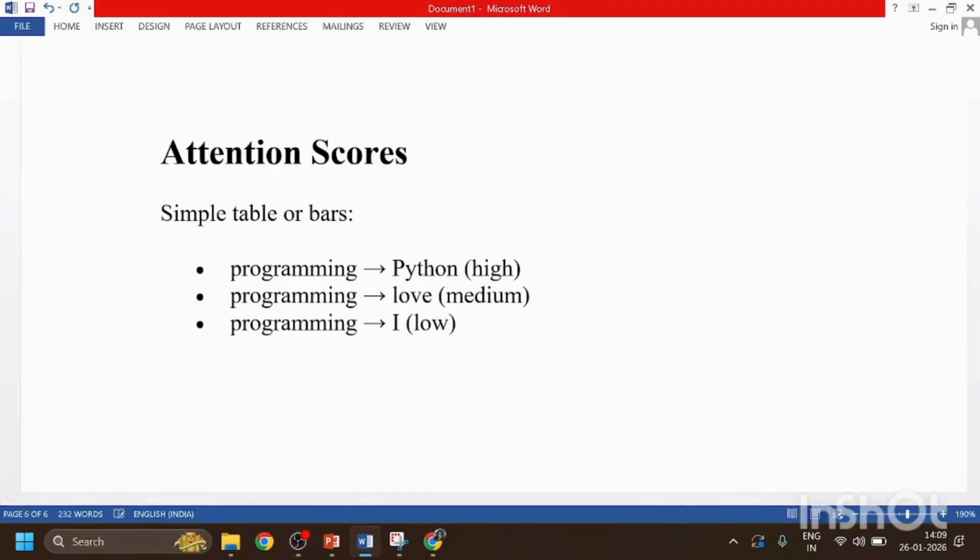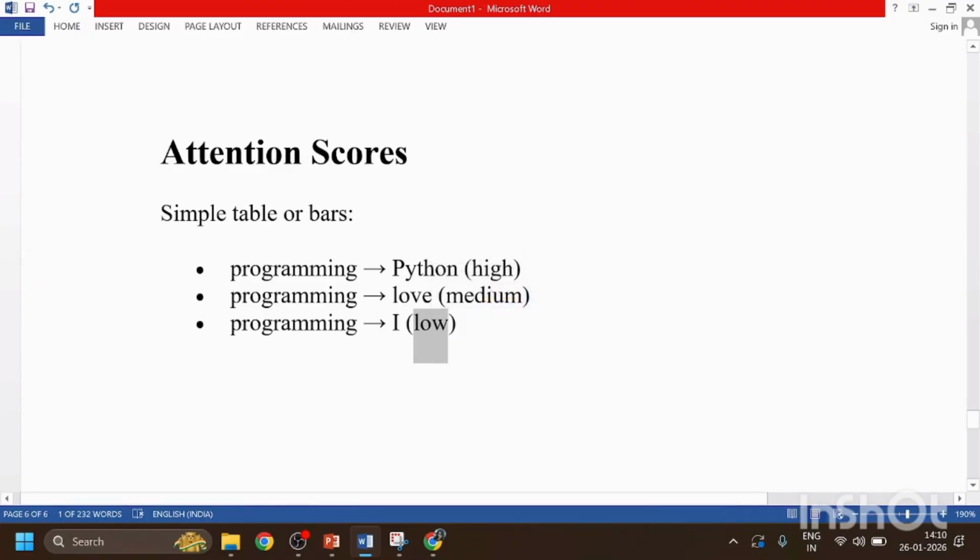You can see here the attention score, the result of this comparison. Programming compared with Python is related high, programming related to love is medium, and programming related to I is low.